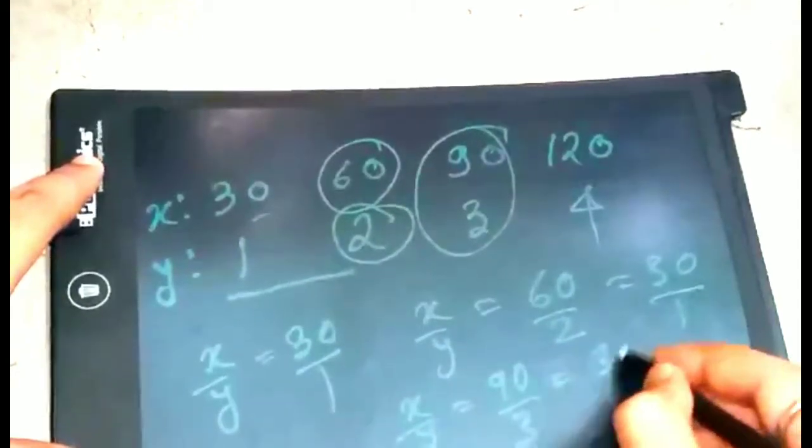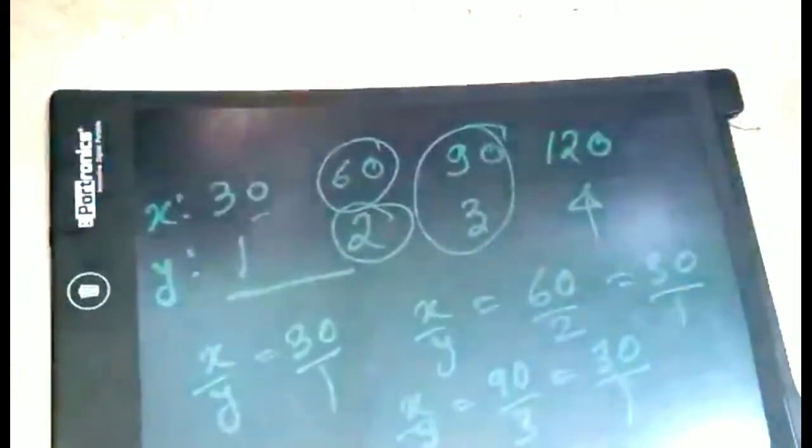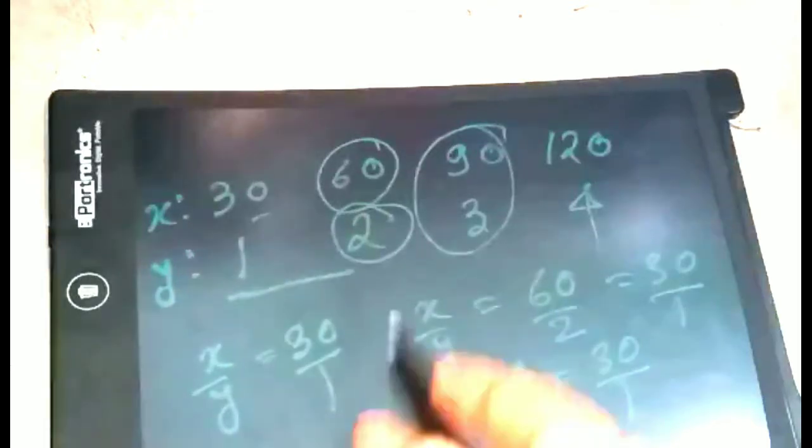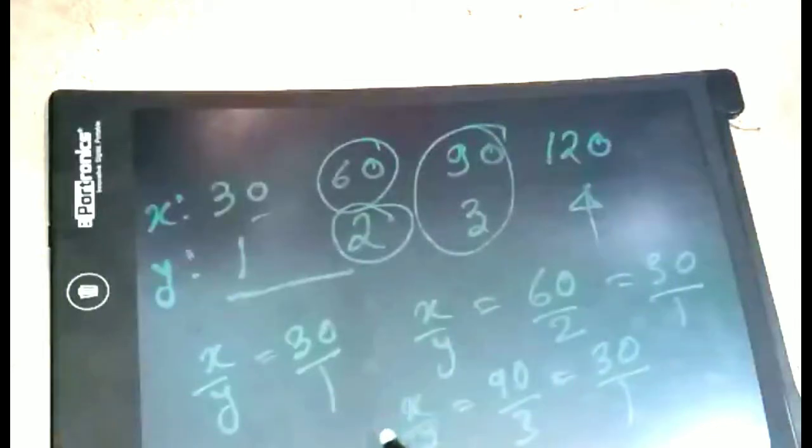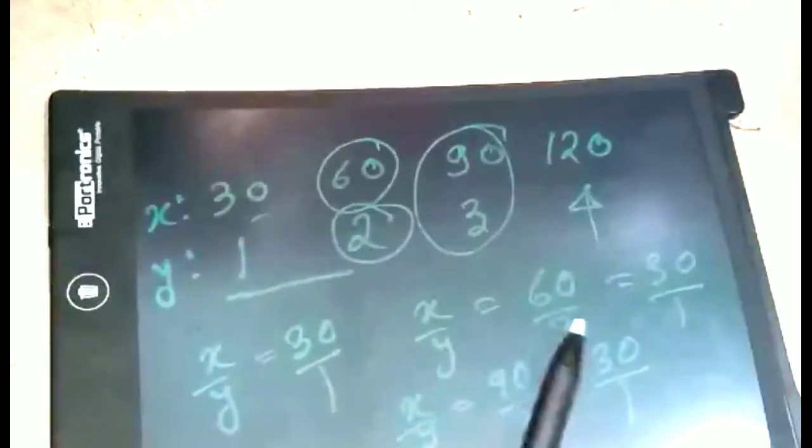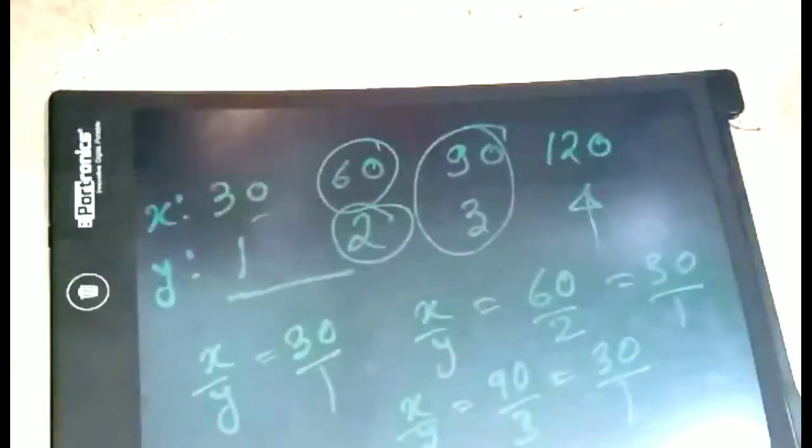This is also equivalent to 30 by 1. And 120 by 4 is also 30 by 1. So you find that x by y is always a constant. See, 30 by 1, 60 by 2, 90 by 3, 120 by 4, it always yields 30. Hence we can say that x by y is always constant. So we can conclude that x and y are in direct variation.